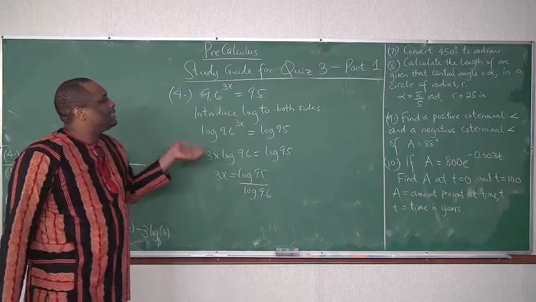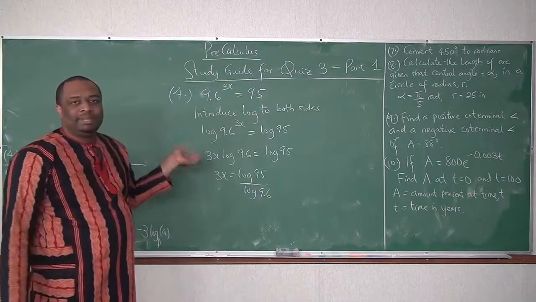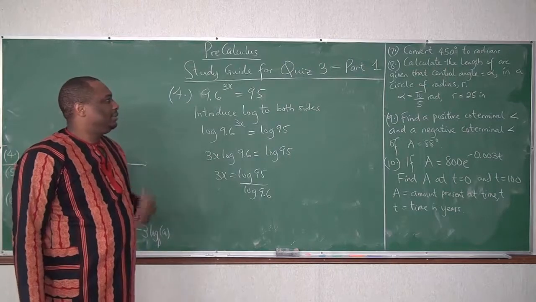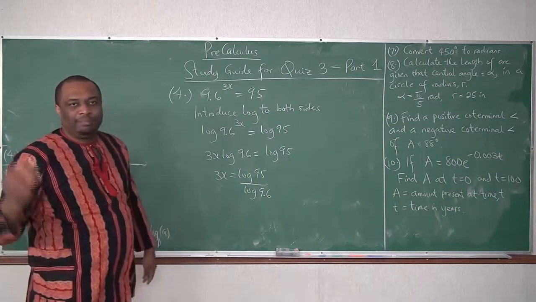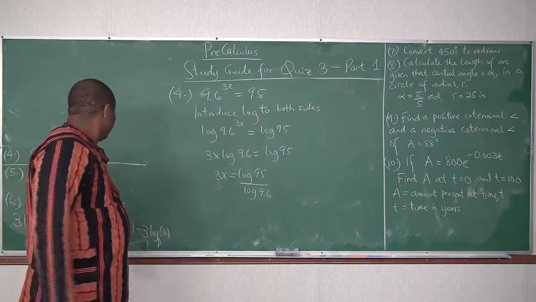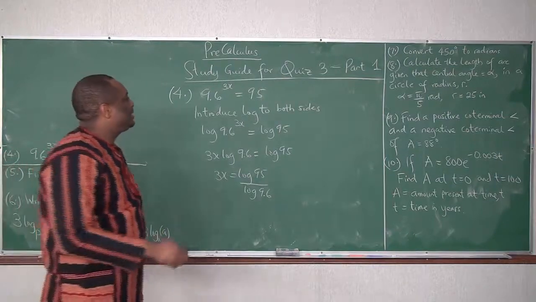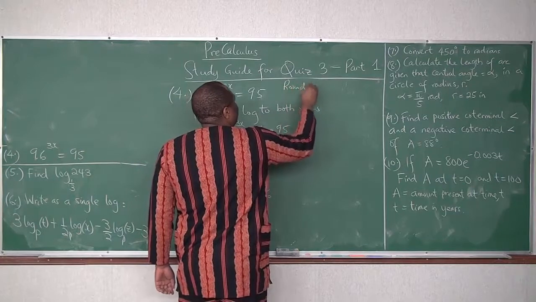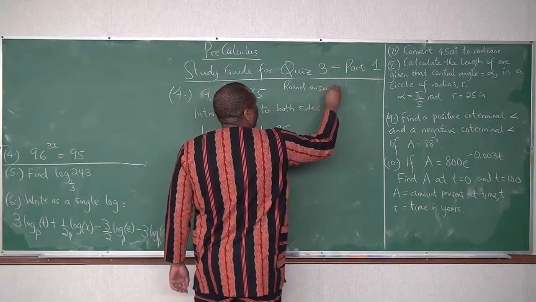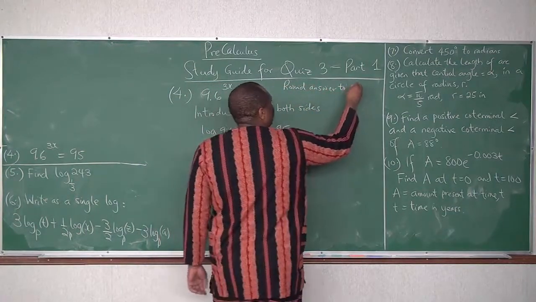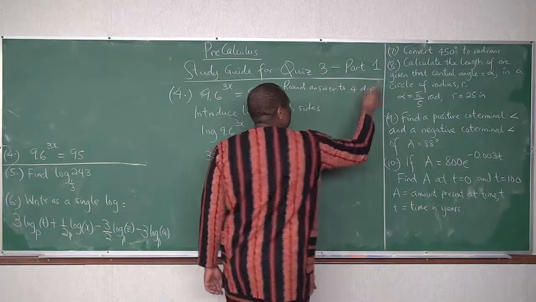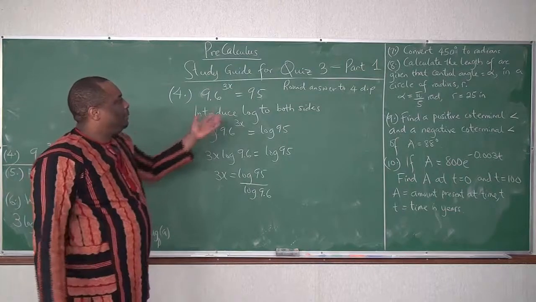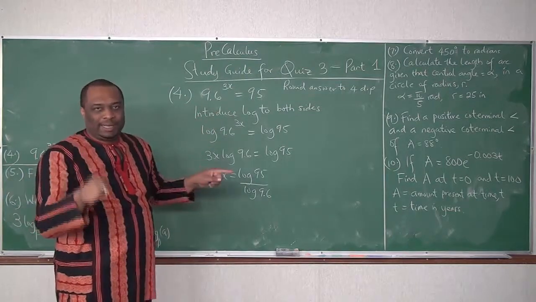Now, they usually ask you to round this to some decimal places. I don't know how many decimal places they asked you on the quiz, but let's say round answer to 4 decimal places. Please, you have to do the one they asked you on the quiz.